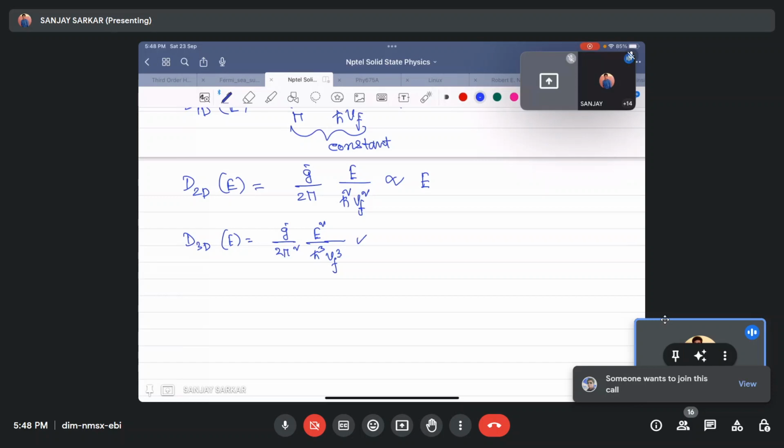So you can see that the density of states is proportional to energy square. Is there any doubt? Could you calculate this, or do I need to calculate it? Then we can solve a few problems on this density of states.